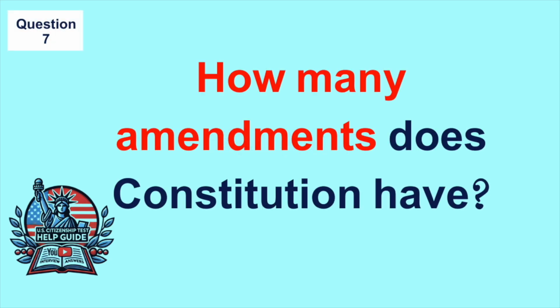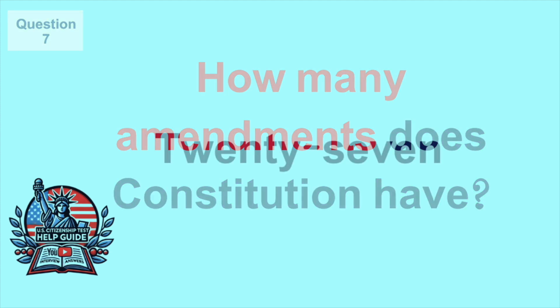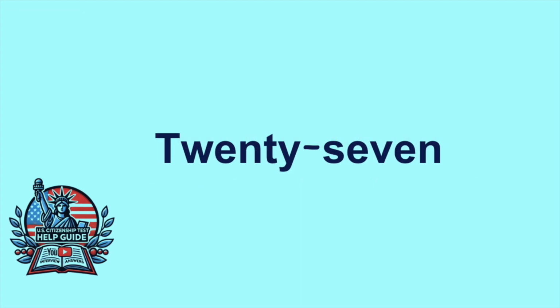Slavery. How many amendments does the Constitution have? 27.